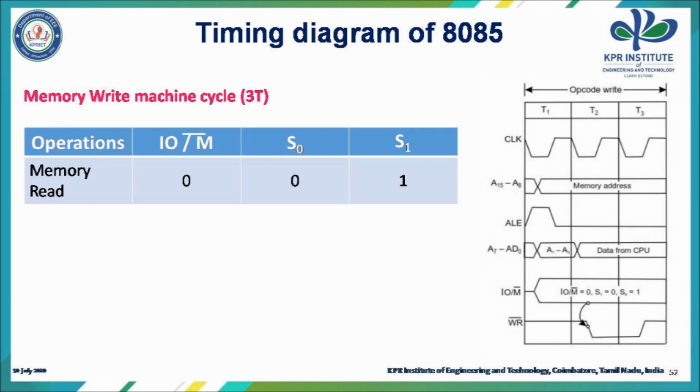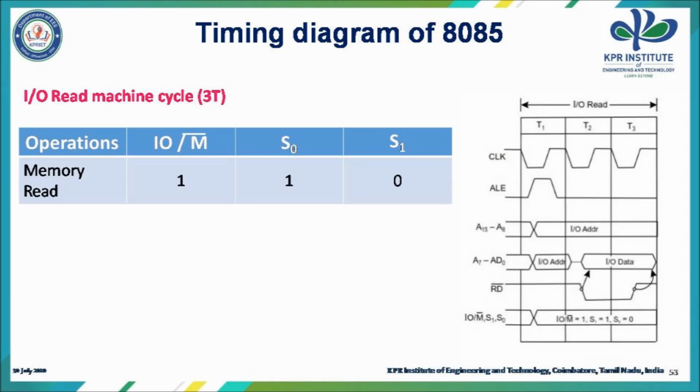So for write operation, S1 S0 is equal to 0 1, and since this is communication with memory, IO/M bar is equal to 0. Instead of the read bar pin, here we use the write bar pin because we are doing a write operation. This write bar pin will be made low during T2 and T3, that is, whenever the data is fetched from CPU.